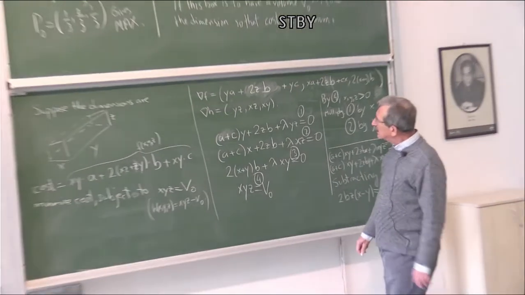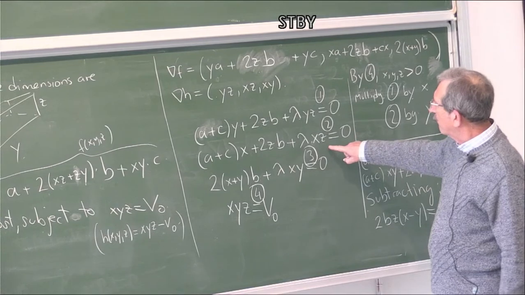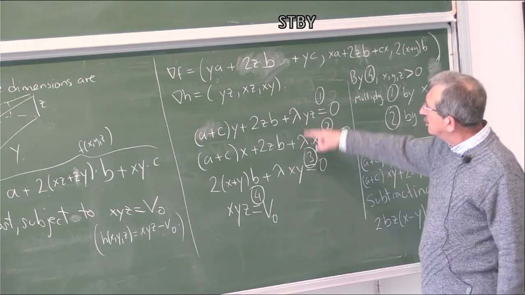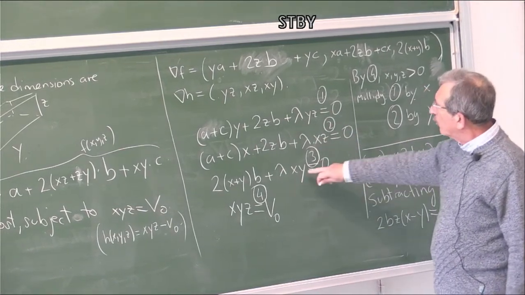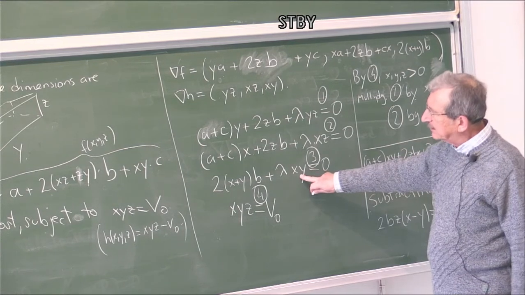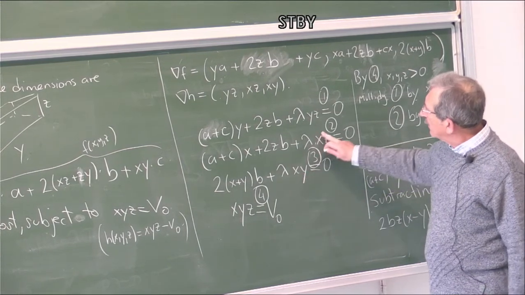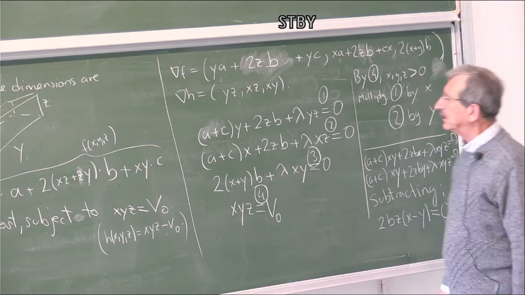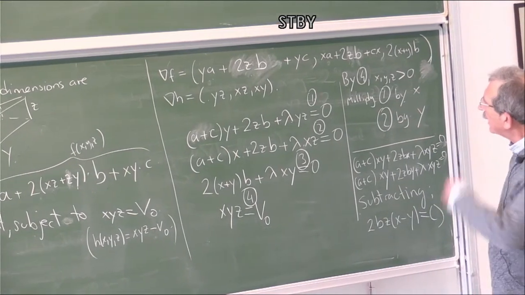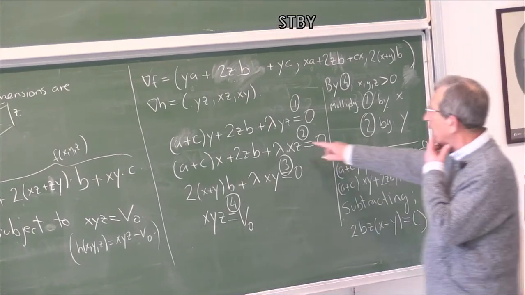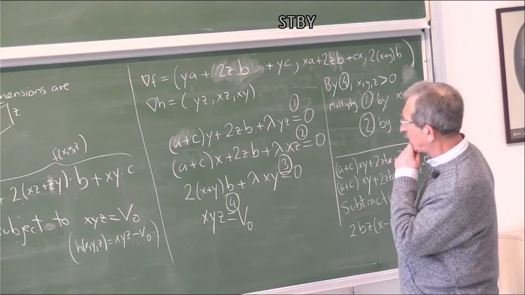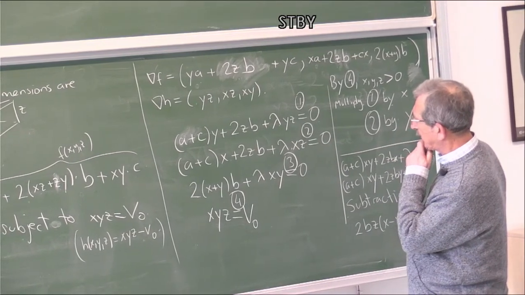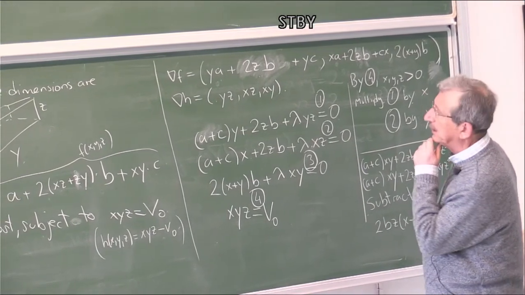Now let us get a similar thing from the second and the third equations. Of course, if we multiply this by z and this by y, these terms would cancel out, so this would simplify things a little bit. Let us do it.